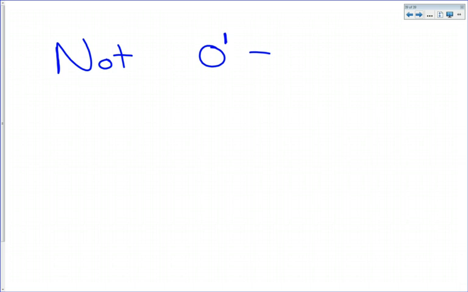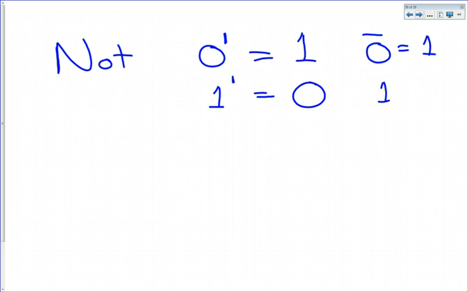So not 0 is 1. Not 1 is 0, okay? In some computer science courses, they use an overline like this. I don't like that. I prefer the prime symbol, but watch for that. That might show up on your exam. I'm not sure. Now, if we don't know what the value is, we'll use a variable.